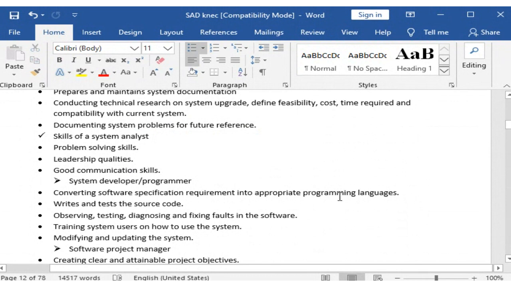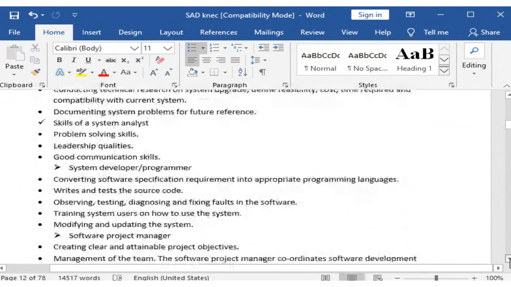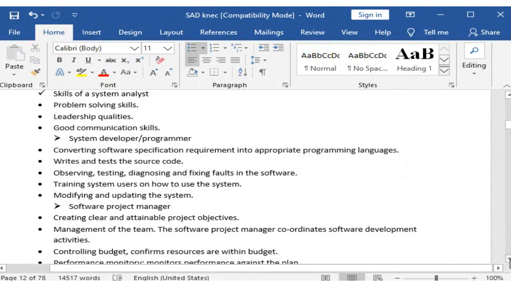Now, system developers or programmers, what do they do? They convert software specification requirements into appropriate programming languages. They write and test the source code. Again, they observe, test, diagnose, and fix faults in the software.